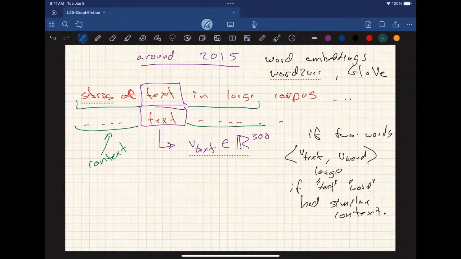Okay, so this happened around 2014, 15, and this radically changed how we do natural language processing and led to ChatGPT eventually. Okay, and around then, like the next year, there were a number of groups.